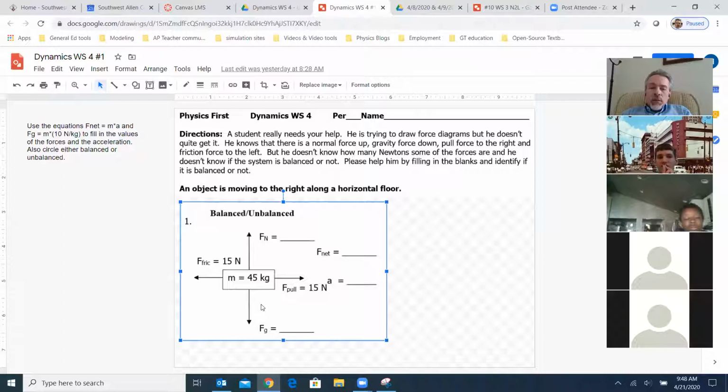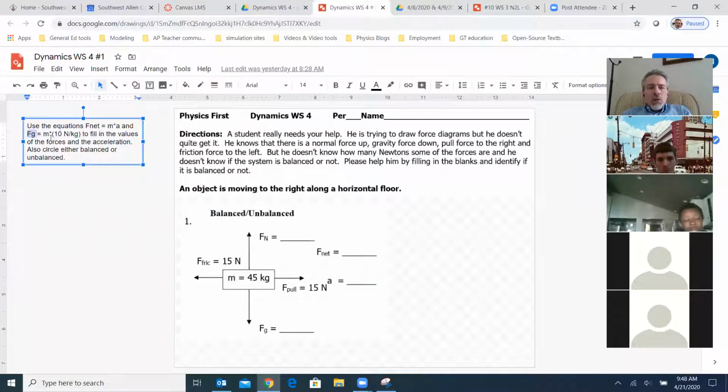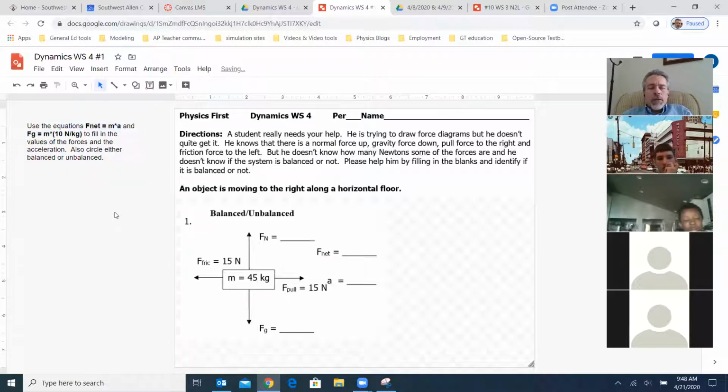They tell us what the mass is, and we have to figure out what Fg is, what the normal force Fn is, what the net force is, and the acceleration. If you don't know how to do that, you have to use the equation Fg is equal to m times 10, and the equation Fnet is equal to ma.